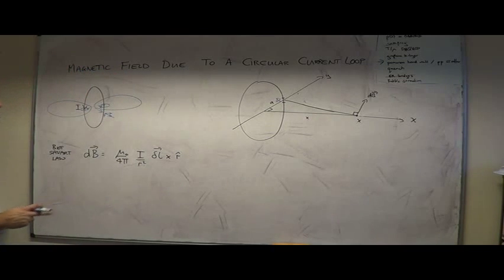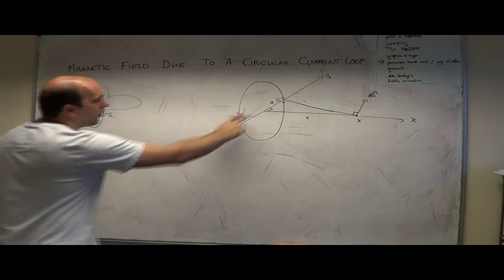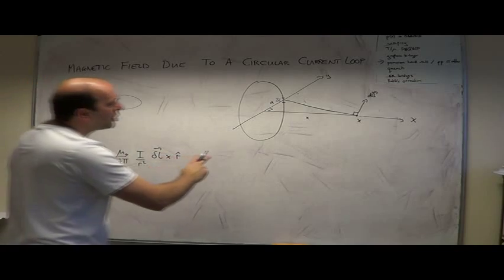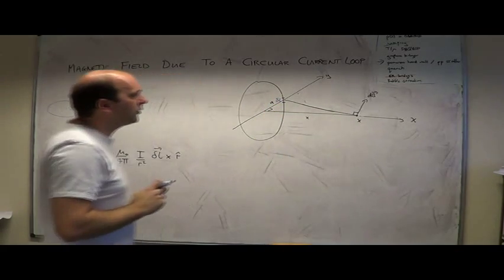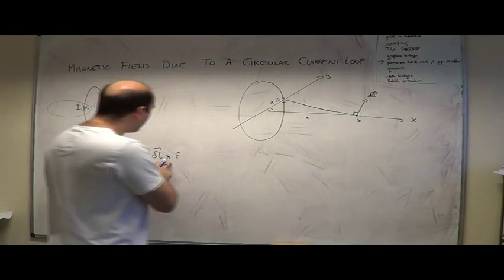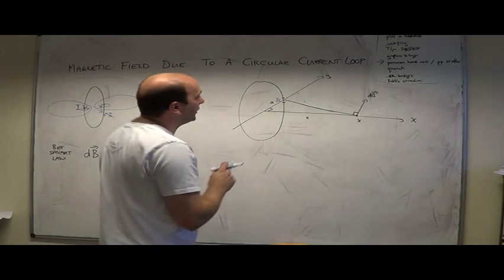Now, to calculate the magnetic field, we're going to use the Biot-Savart law. Let's first of all think about the direction. The direction is given by the cross product of the little delta L, in which the current is flowing, and a unit vector from delta L to the point that we're interested in. What that means is that the cross product says that the resultant will be perpendicular to both of these.